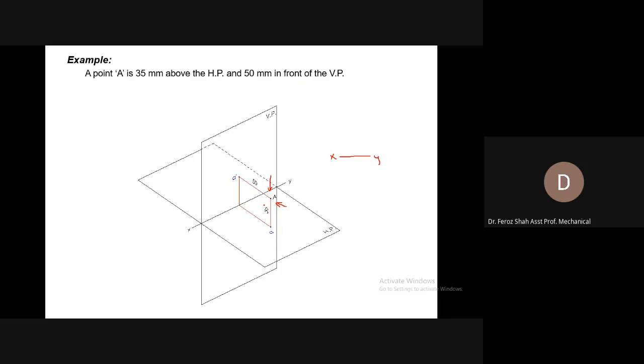In first angle projection, the front view will be above the top. So you can see that the front view is coming 35 millimeter above.